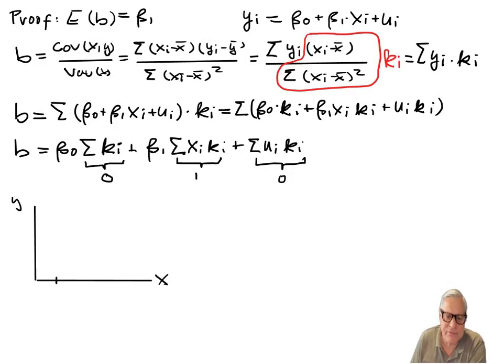We always have maybe the same axis, and maybe we have a trend line like before, where the slope is 1.